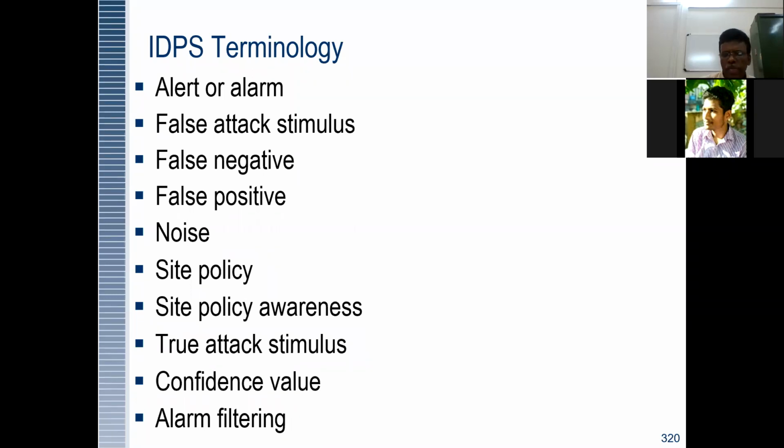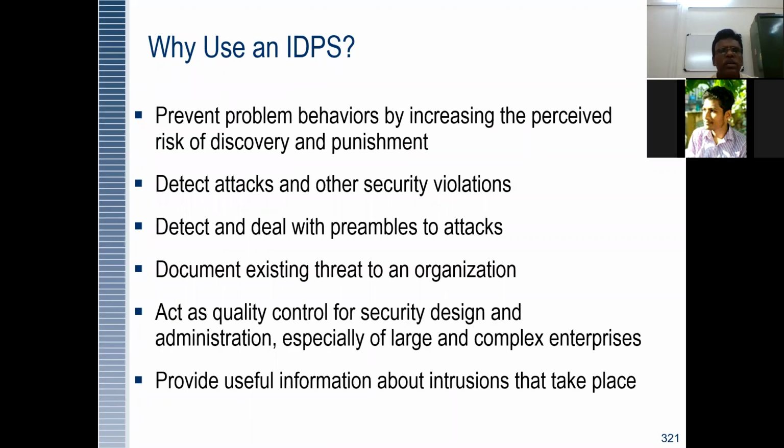These are the important terminology I would like to define once you say IDPS, intrusion detection prevention system, in any information security. See, generally, if any sort of intrusion is available, why is it basically required? What are the significant features of that one? If you find out the prevent problem behavior, we keep on increasing, correct?